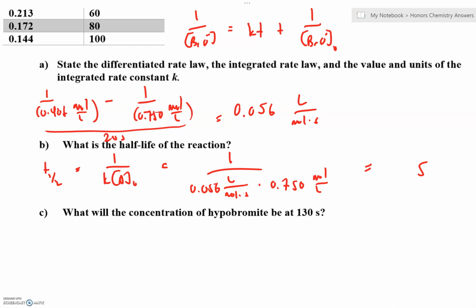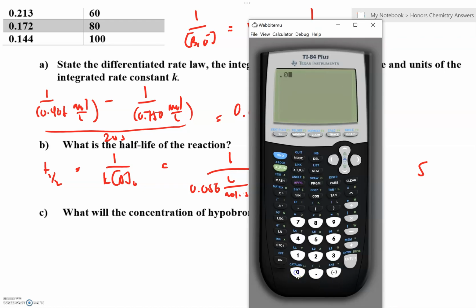So I'll tell the calculator to take 0.056 and multiply this by 0.750, and then I will invert this to get our half-life.